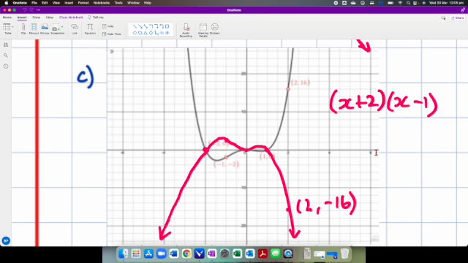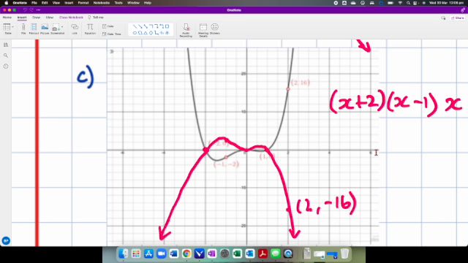Because it passes through positive 1, it's got to be x minus 1. Because it passes through -2, it's got to be x plus 2. I know it's an even power, and I know it's bouncing at 0, so it could be x squared. That would make it bounce at 0. But any even power would make it bounce at 0.